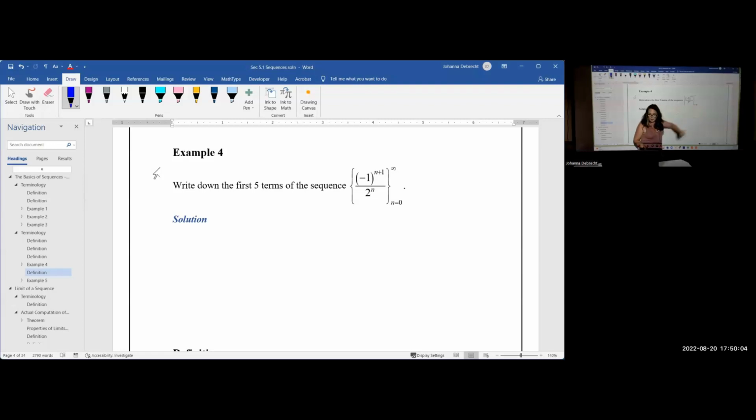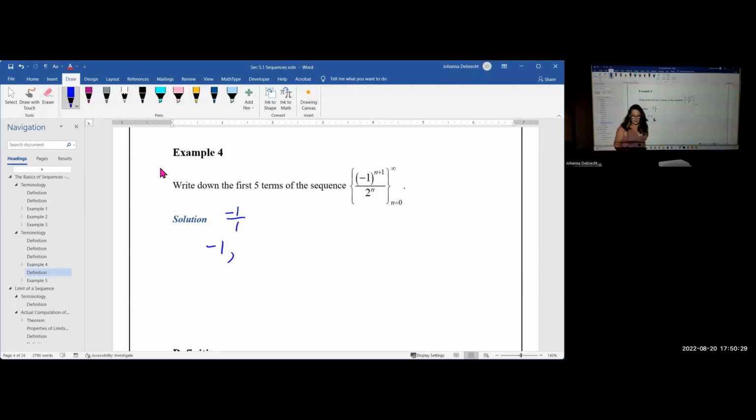Note we start with n equal to 0, which means I take -1 to the first power, so it's -1, and 2 to the 0th power. Anything to the 0th power except 0 is 1. You cannot take 0 to the 0th. So the first number in my list is -1 over 1, which gives me -1 for the first term of my sequence.